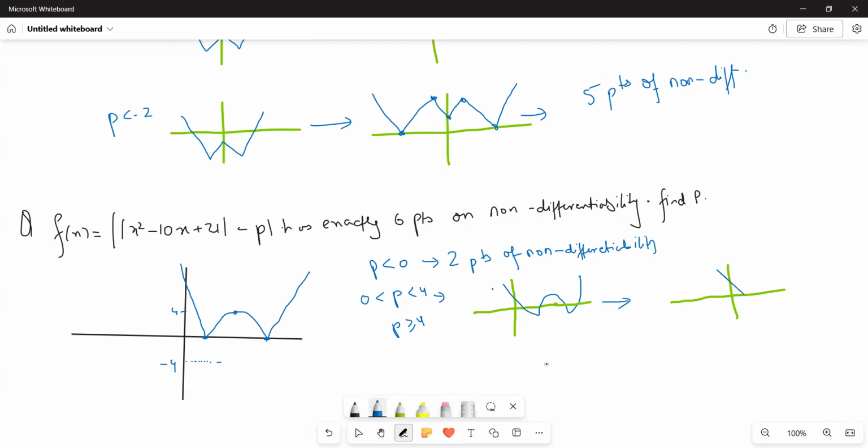Some graph like this will come, which will create 1, 2, 3, 4, 5, 6 points of non-differentiability.